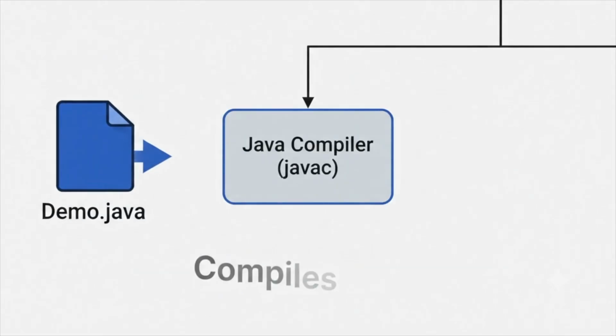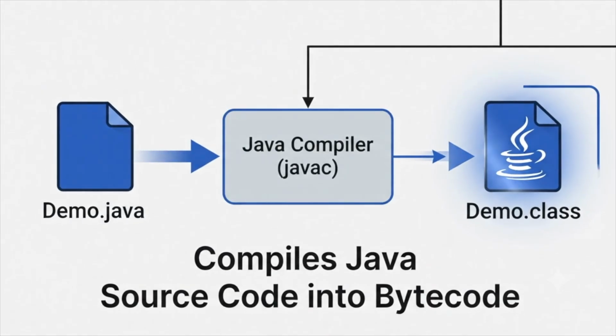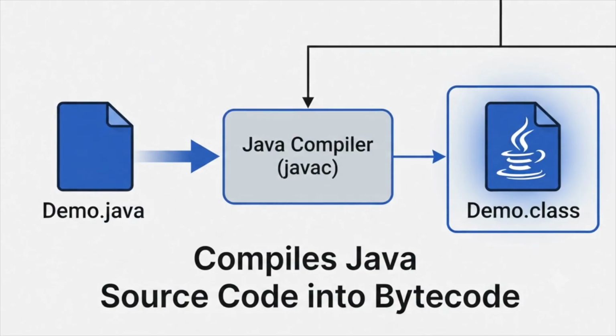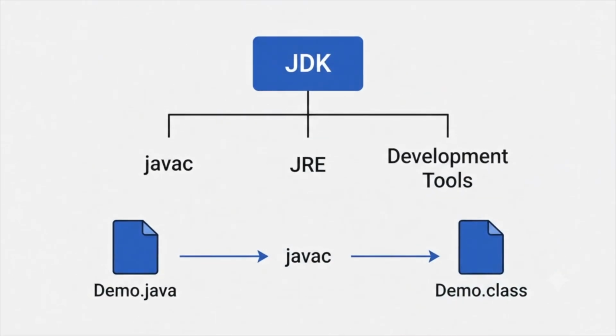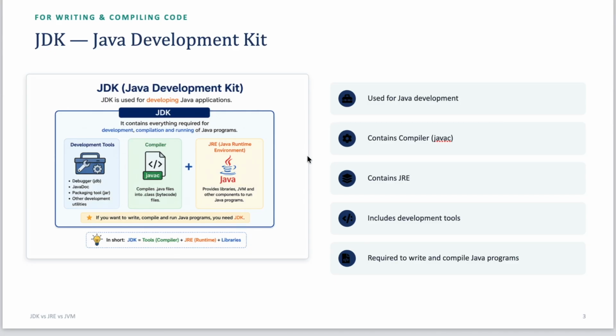So it will convert your Java code into the class file, basically the bytecode. The compiler will run, and since it contains a JRE, your class file will run and be converted into machine code, and the CPU will give you the output. So the JDK is required in your system to understand your Java code, to compile it and run it. So this is JDK.